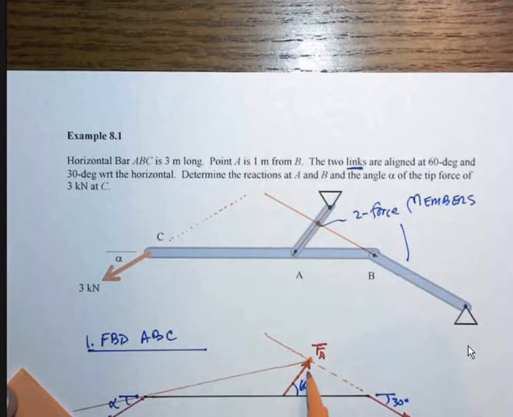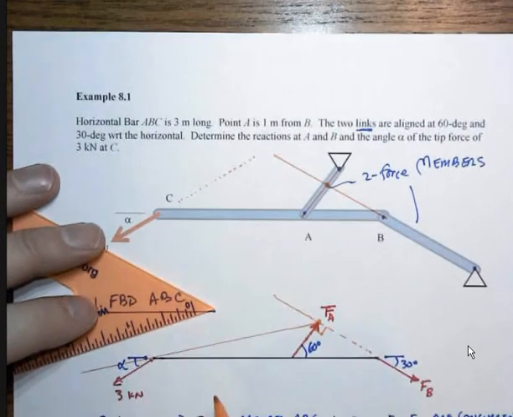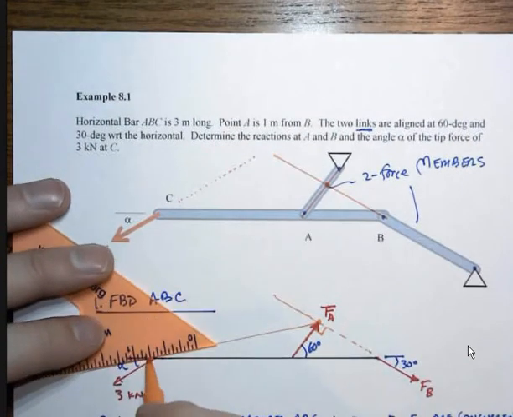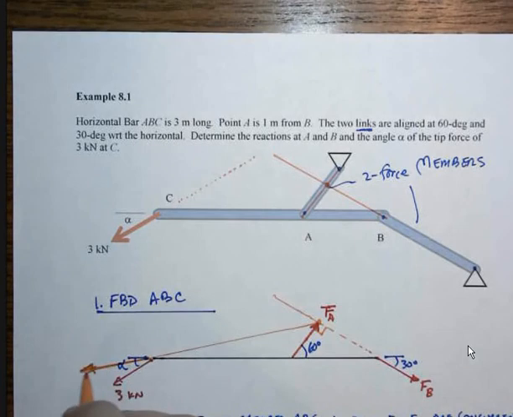Even though not perfectly drawn, FB and FA have to be perpendicular to each other, right? And if you look at this line of action, this angle here, this is where the 3 kilonewton force actually has to be oriented, so that's your real 3 kilonewton force and your new alpha to that.